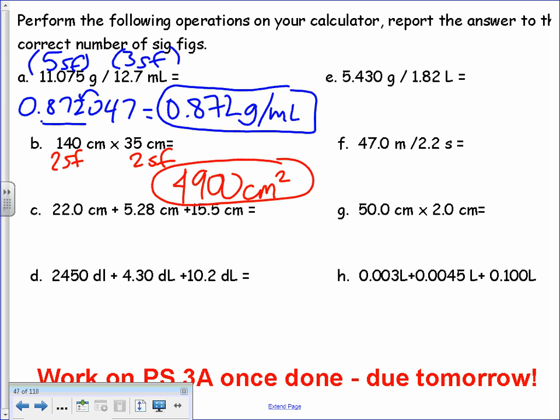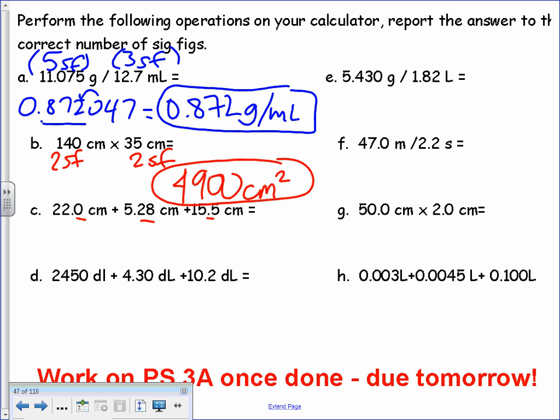Easy. Next one. What's your method of determining the weakest link? Yes, decimals, because we're adding and subtracting now. So we have 1 decimal, 2 decimal, 1 decimal. What's our final answer recorded as? 1 decimal. Add 5.28, 15.5. Okay, what do you get?